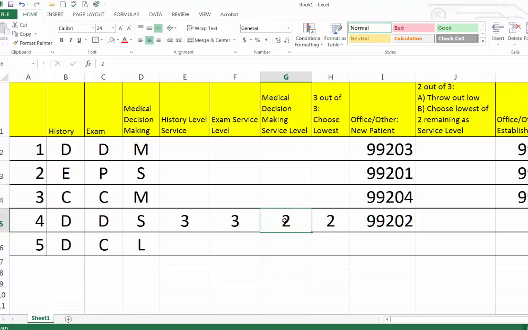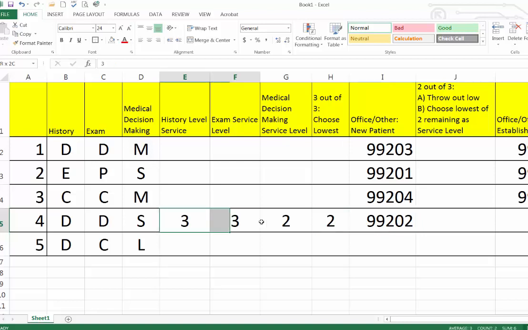So for a detailed history, detailed exam, straightforward decision making, new patient in the office, I've got 3, 3, 2. I need 3 out of 3. So of those 3, 3, 2, I must go with the lowest, which is a service level 2.